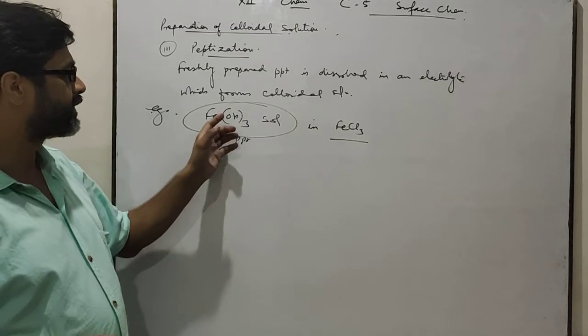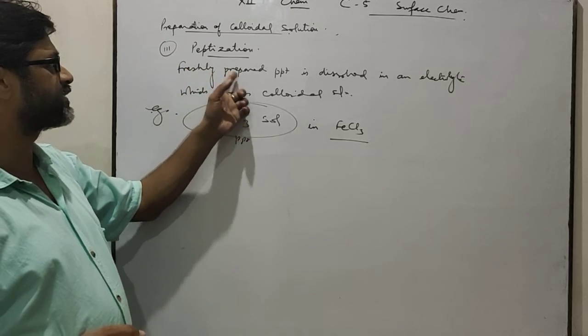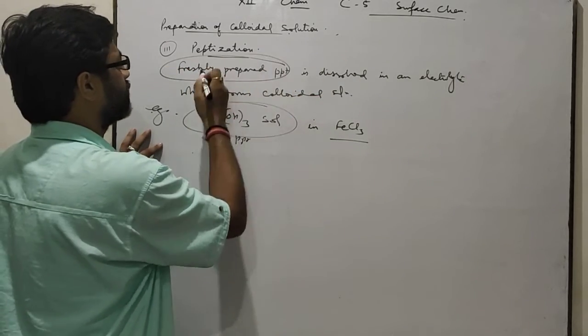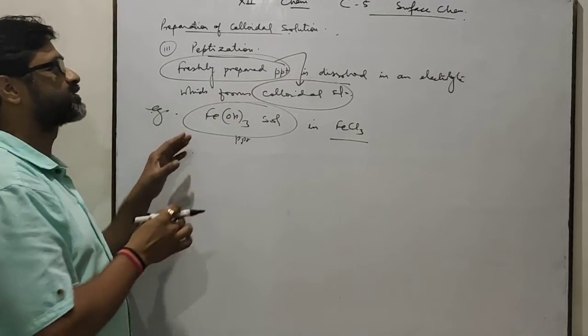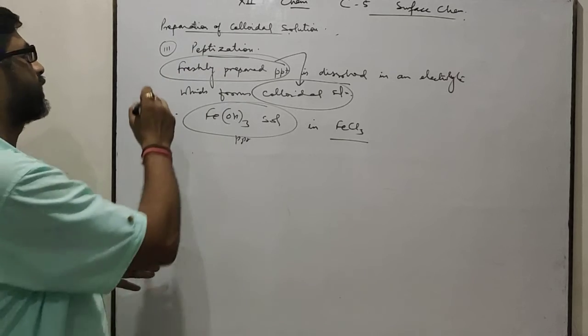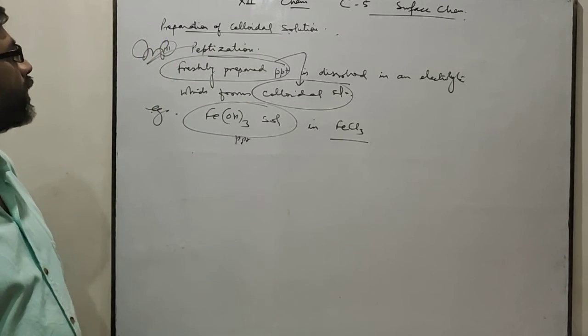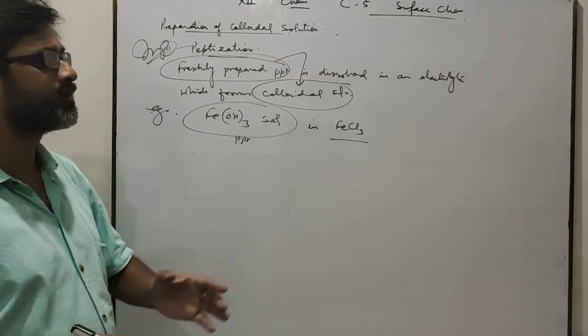On dissolving, they form a colloidal solution. This conversion of freshly prepared precipitate into colloidal form is called peptidization. It is a very important heading from your exam point of view. And these are the three methods used for the preparation of colloidal solution.